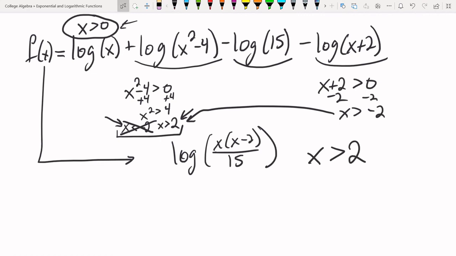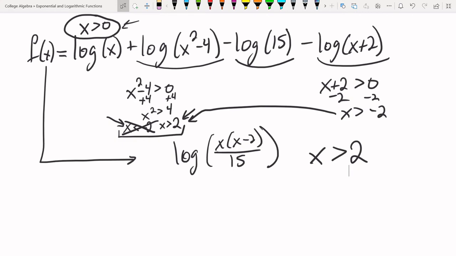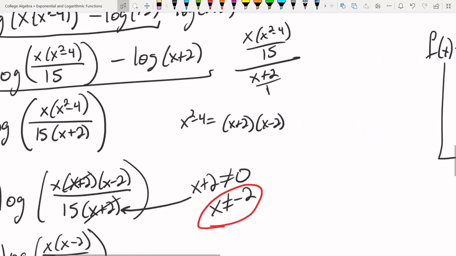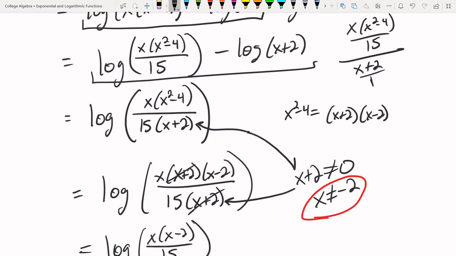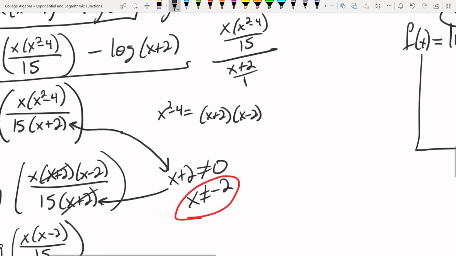Now, during the problem, we had this statement here in the denominator. We need to make sure we don't have a division by 0, which means, that's what I have written here, x cannot be equal to -2. That gives a 0 in the denominator. So we have to exclude that also from the domain.